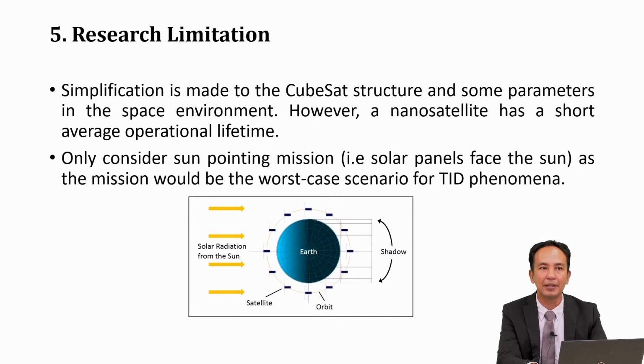Secondly, this work only examines an LEO mission where the solar cells of the solar panels point to the sun throughout the daylight period and point to the earth while in shadow. However, in selecting this mission, we consider that the mission would be the worst case scenario for the TID phenomena could affect the current CubeSat model that we use.